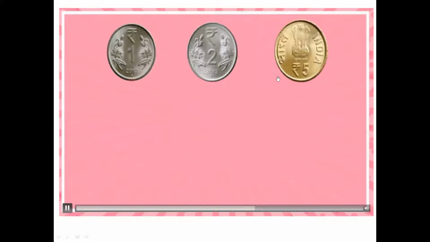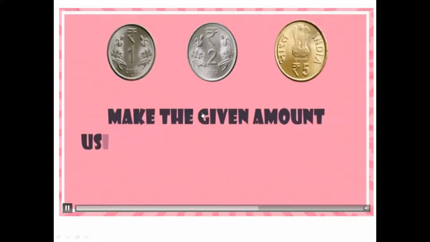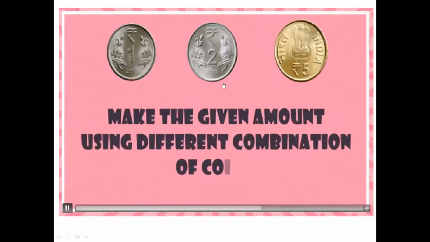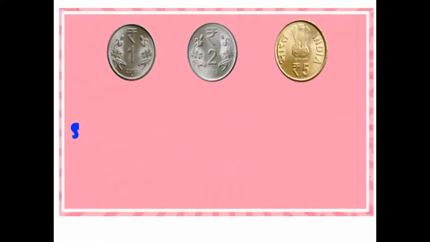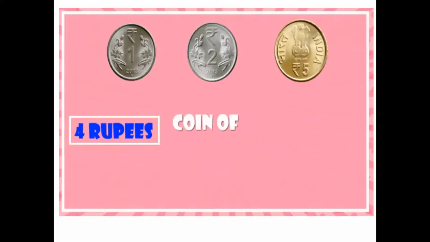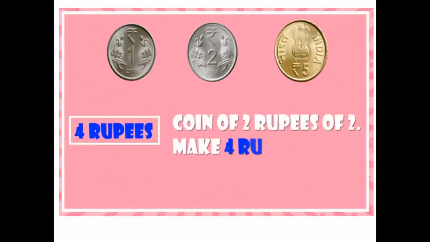Okay, children. Now see, 1 rupee, 2 rupees and 5 rupees. How many different combinations and different amounts can we get? For example, 4 rupees. For 4 rupees you have 2 coins of 2 rupees, so it makes 4 rupees.